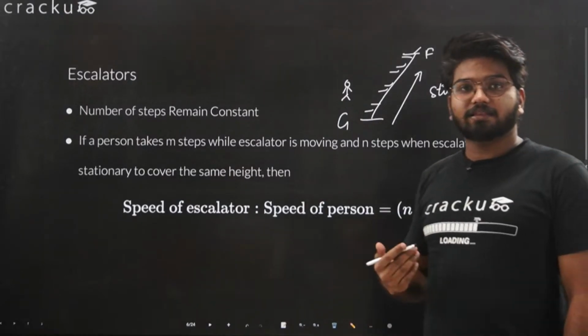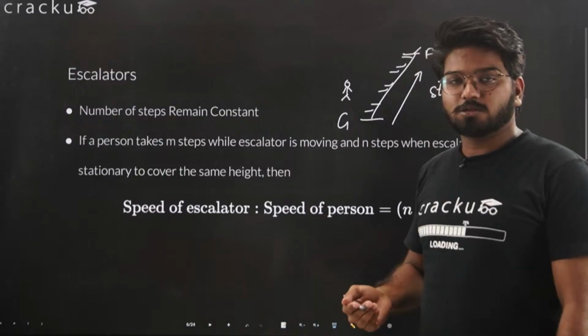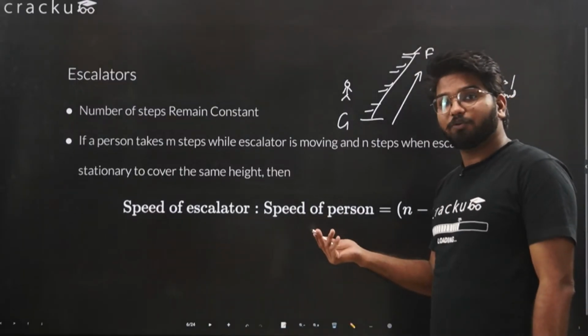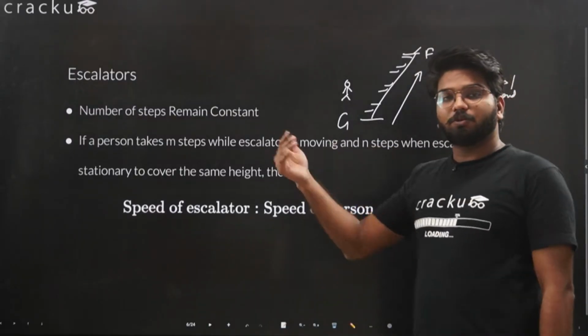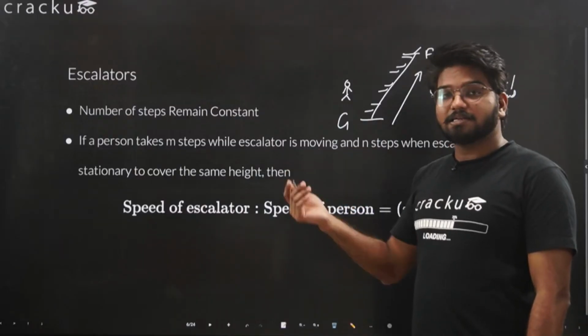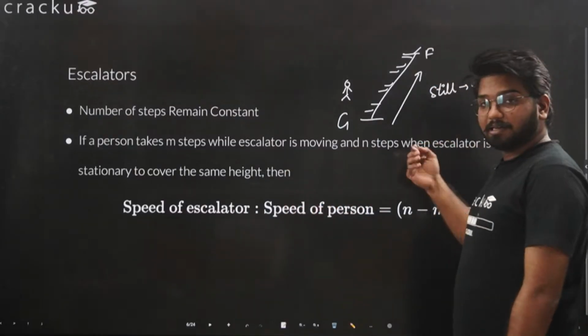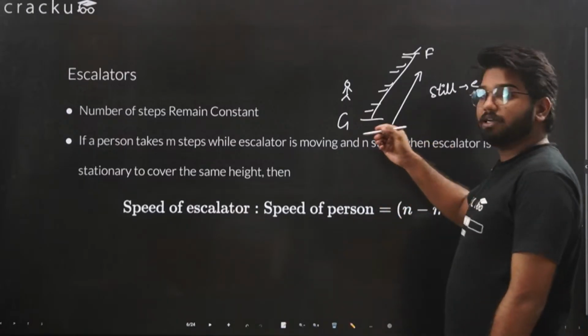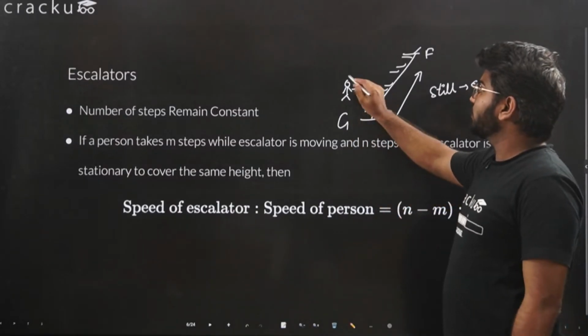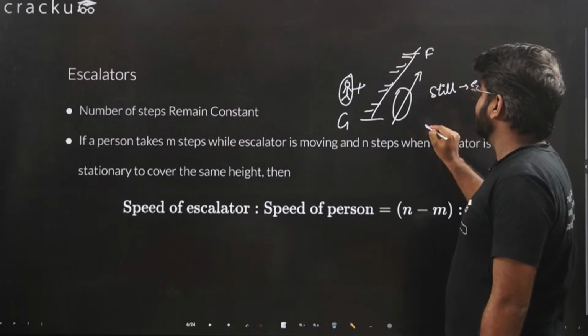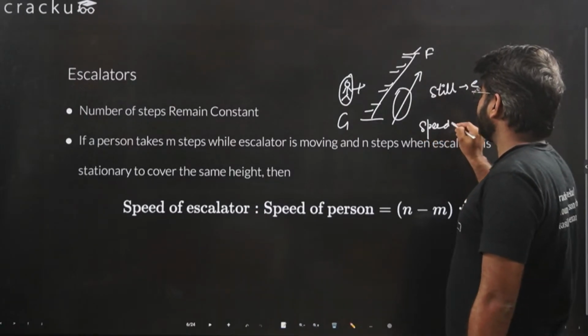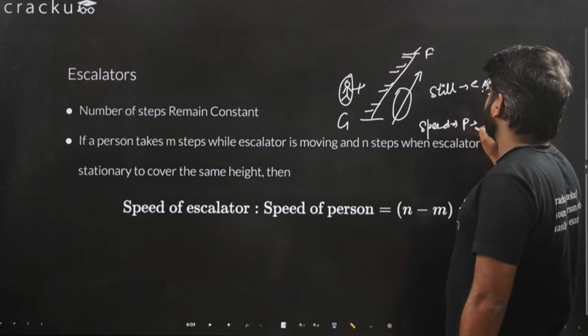Or the person can have another choice also, that he can also start moving upwards. Now if the person is moving and the escalator is also moving, then what will the speed be? The speed will be the sum of this person's speed and the escalator speed. So speed will be person speed plus escalator speed.